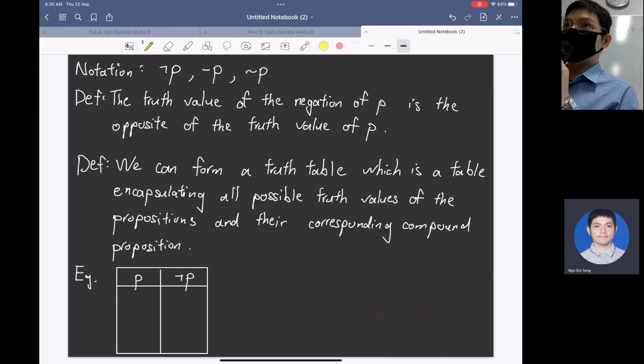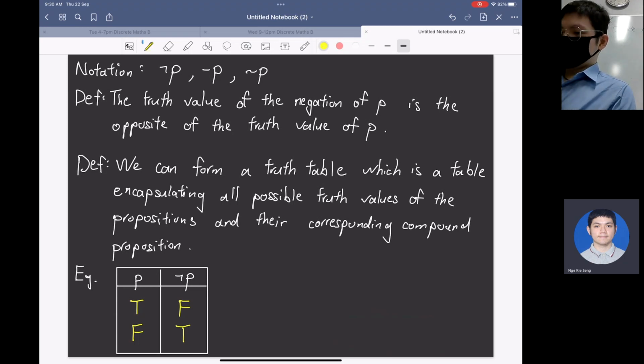You have two, right? So what are the truth values you can take? True or false. Okay. So not P: if P is true, not P is false. If P is false, not P is true. Okay, good. Opposite.